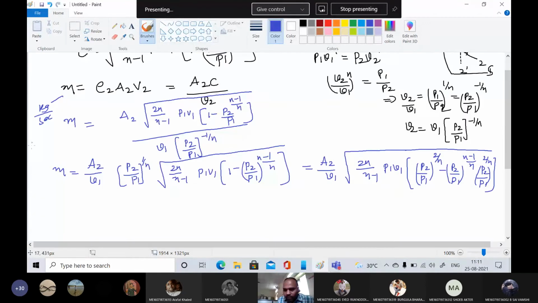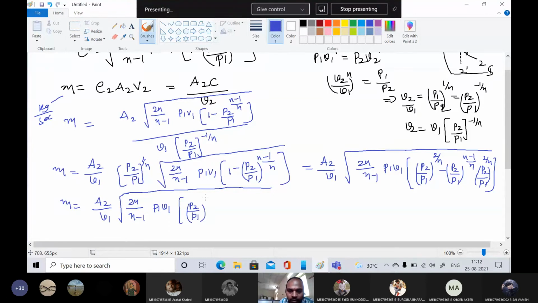Right. Now further simplification, m is equal to A2 by V1 into square root of 2n by n minus 1 P1 V1 into (P2 by P1) whole power 2 by n minus P2 by P1, and here the bases are the same.